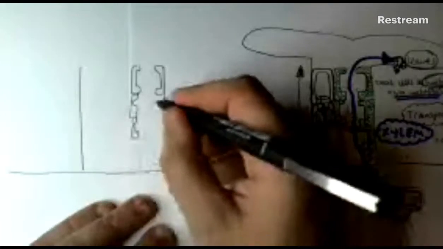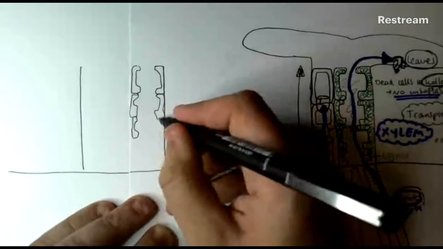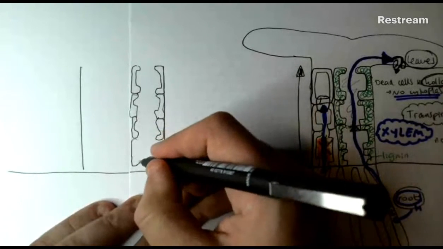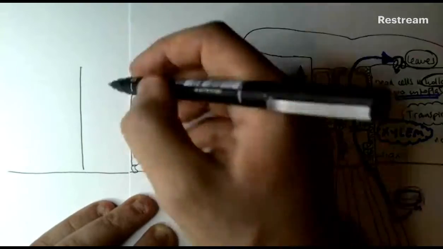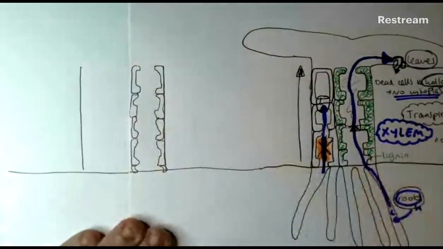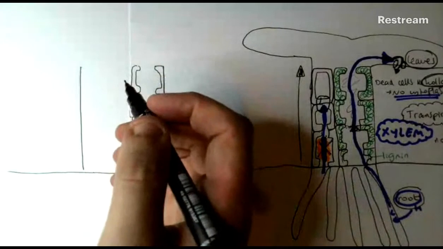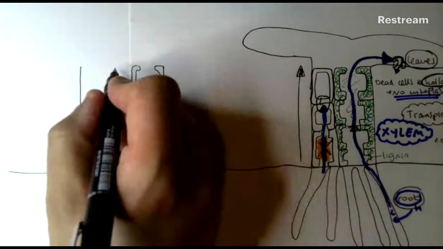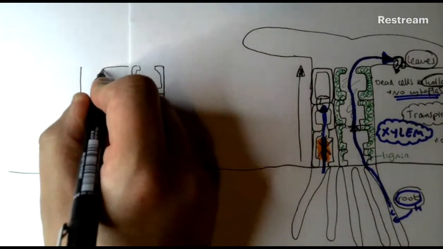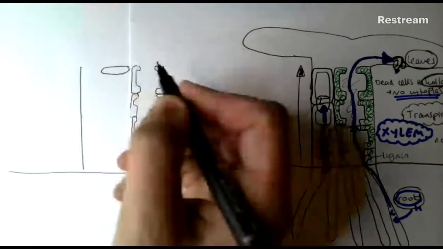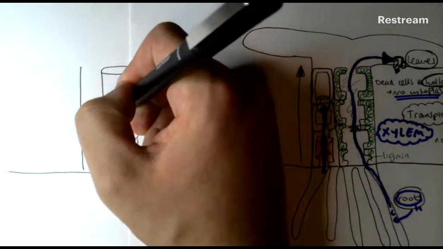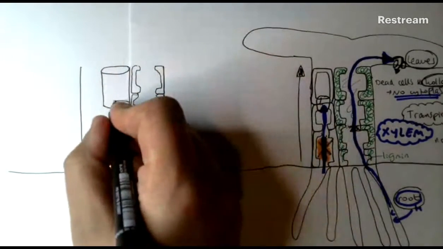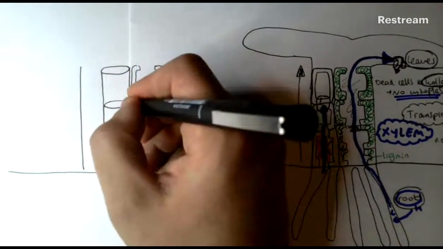So this here is the xylem. And now what we're going to do is look at the phloem. So the phloem is here. The phloem is slightly different. So the phloem is made of sieve cells, or sieve tube elements.